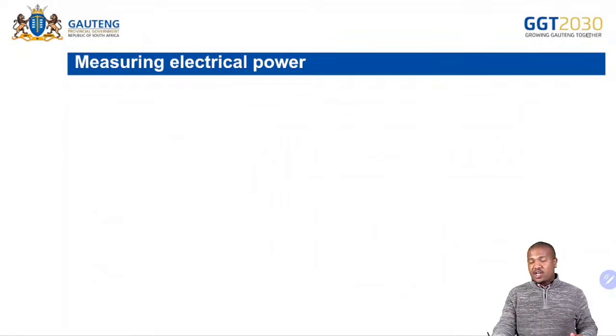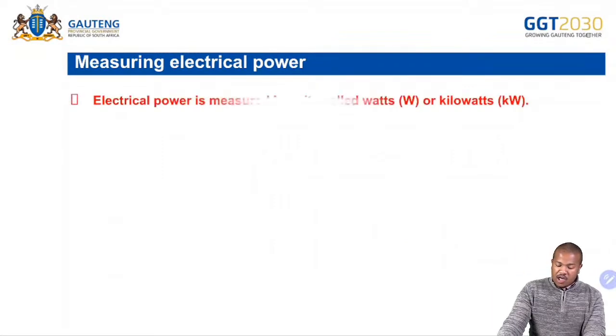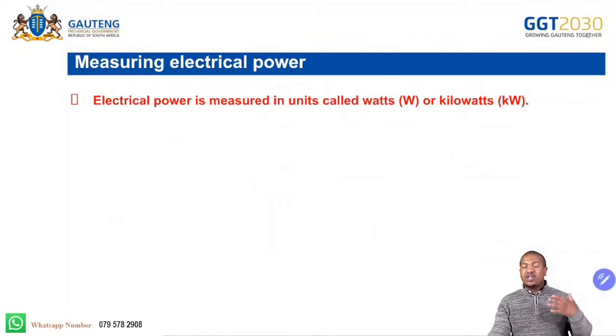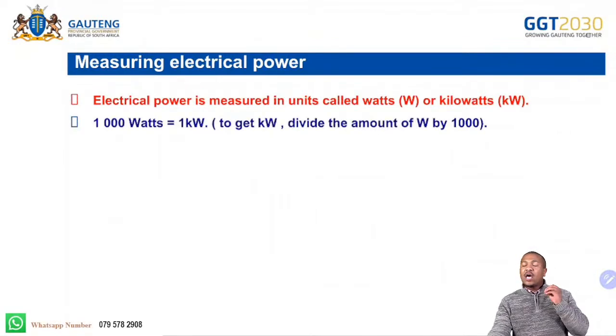So how can we measure electrical power? Electrical power is measured in units called watts or kilowatts. 1,000 watts gives us 1 kilowatt. We need to be mindful of these conversions, because a question can require you to move from kilowatts to watts or from watts to kilowatts.